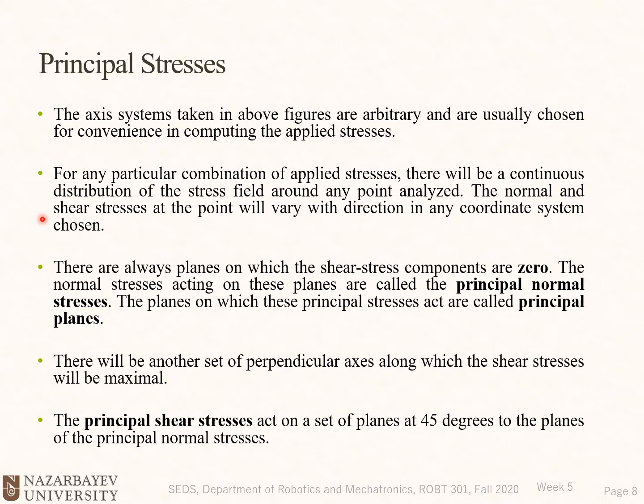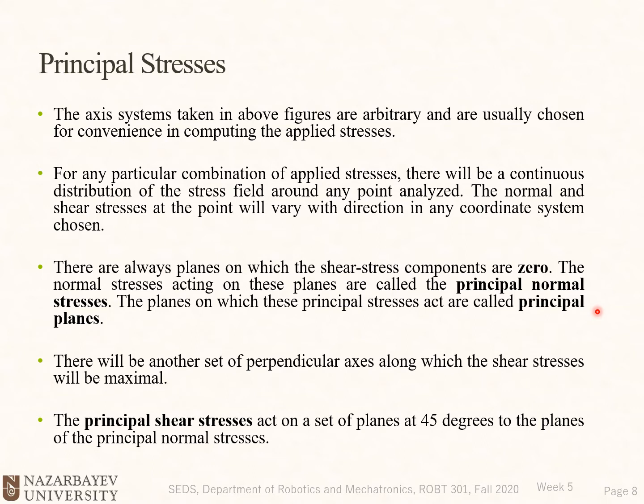There are always planes on which the shear stress components are zero, and the normal stresses acting on these planes are called the principal normal stresses. The planes on which these principal stresses act are also called principal planes.